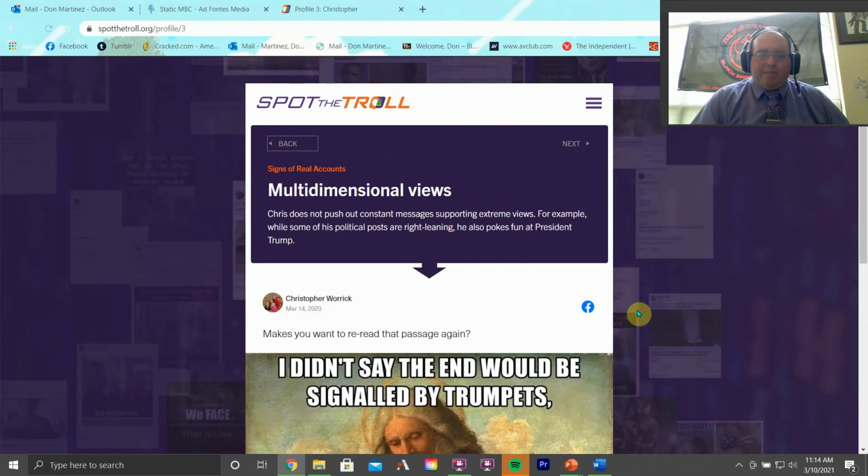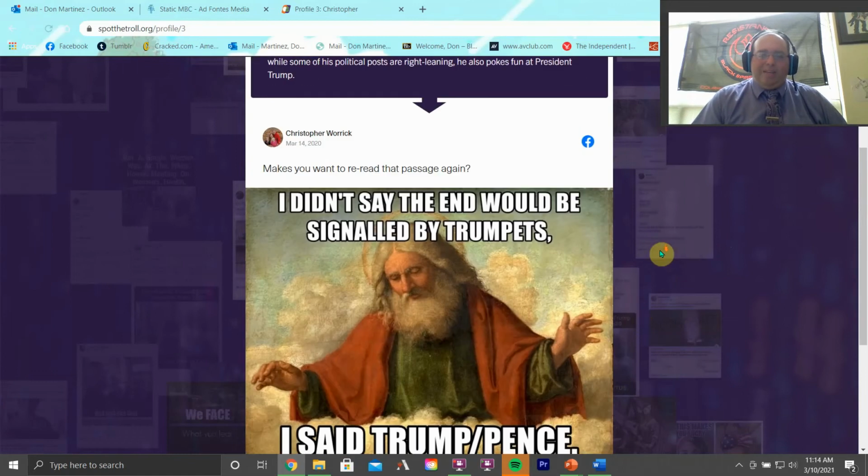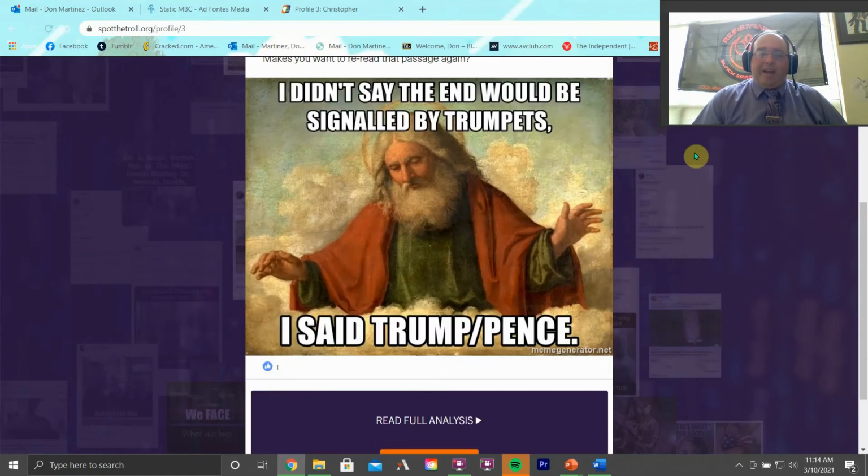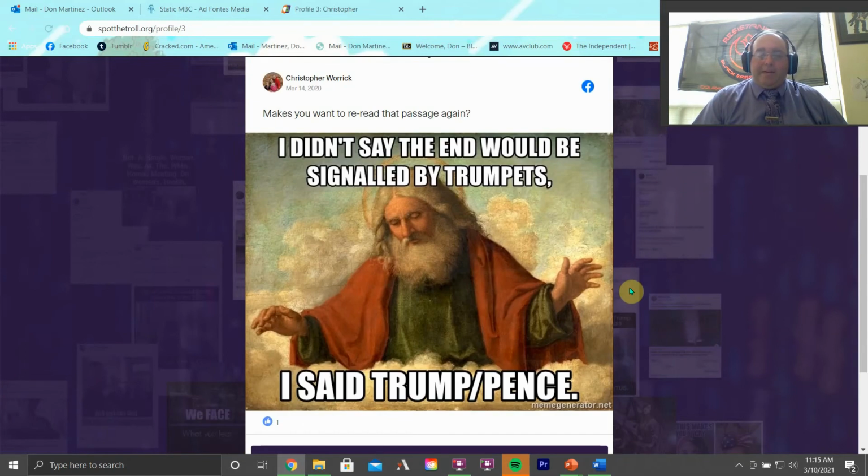For example, while some of his political posts are right-leaning, he also pokes fun at President Trump. So the fact that he included this graphic, along with the other stuff about respecting the military and the missing man table, which tend to be a bit more right-wing hobby horses, made it clear that this is a legit account, because he doesn't have a single lockstep set of political beliefs. Okay?